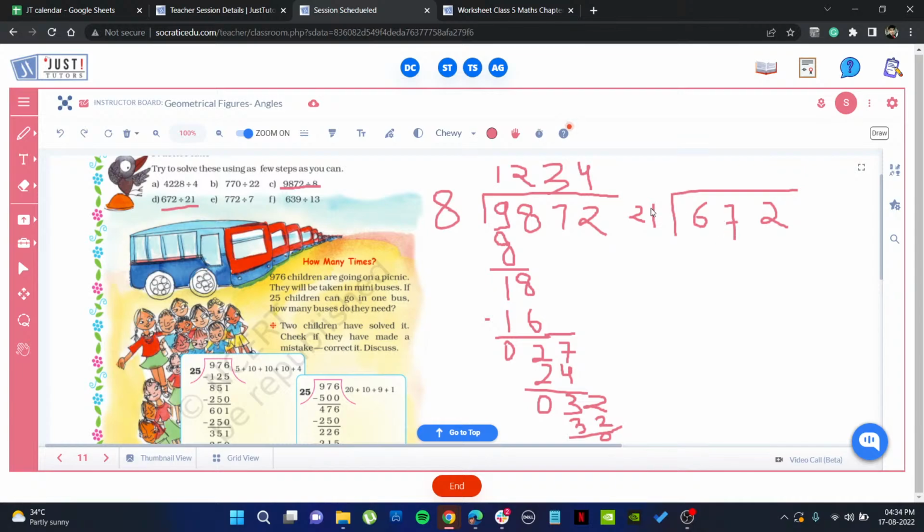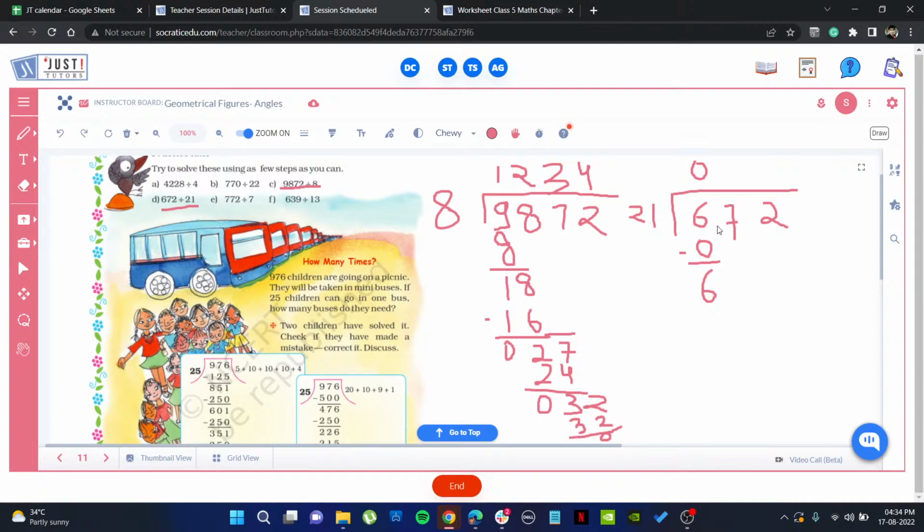We'll be multiplying 21 by which number to get a number near 6? It will be 0. 21 times 0 gives us 0. So it means that we need to take away 0 from 6. We get 6 here.